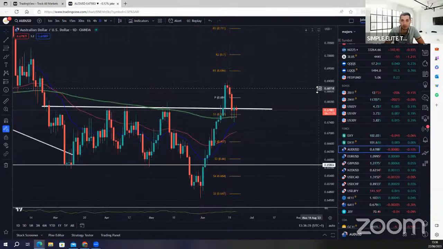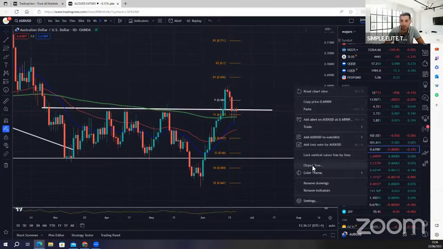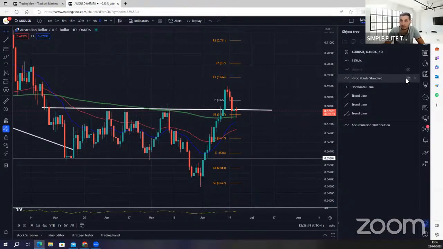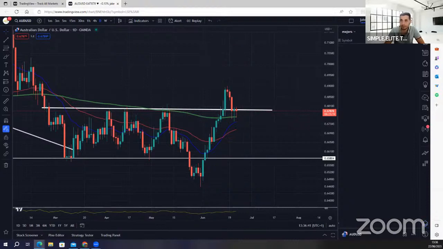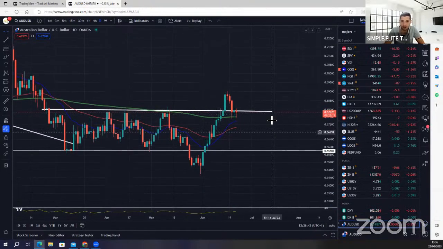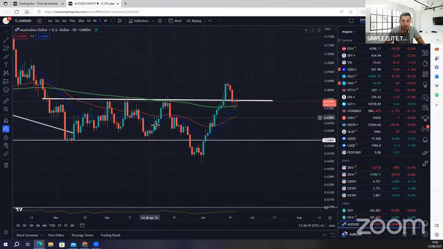So the Australian dollar against the US dollar. Remove the daily. So I talked about Tuesday. We want to see how price is going to react at this resistance level, which before was resistance and now is acting as support.